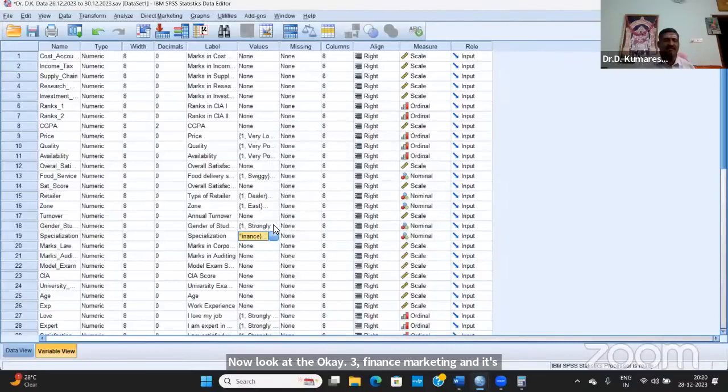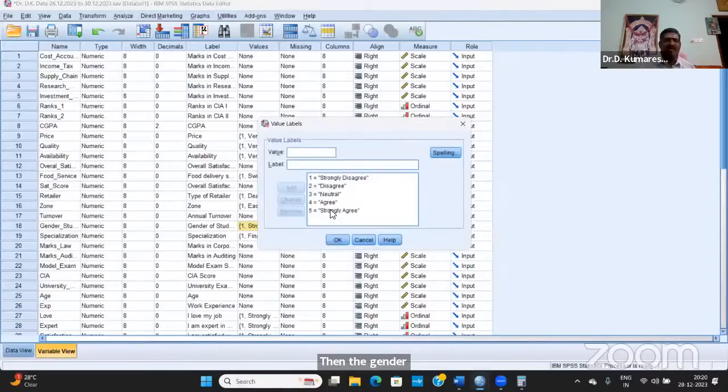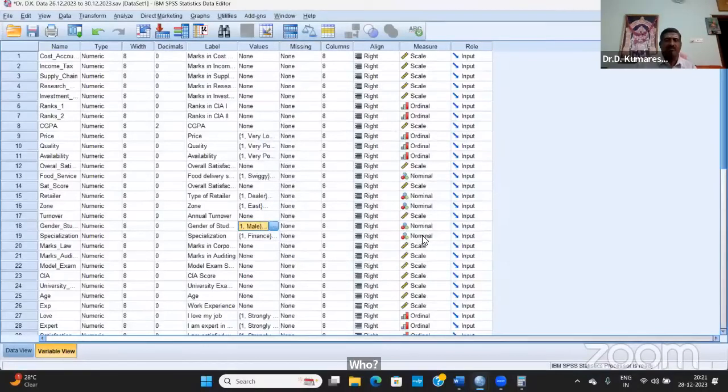Then the gender: one is male, two is female. So both are nominal. Marks in corporate law and auditing are scale data.